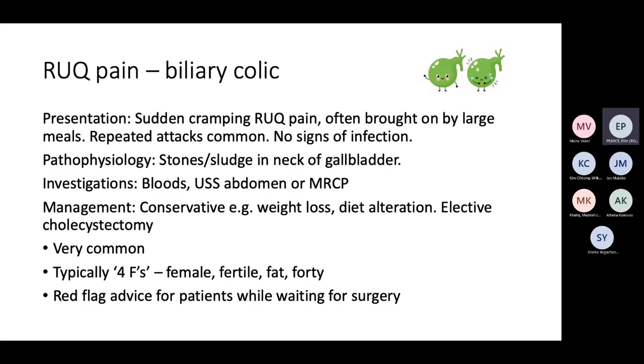And you might hear about the 4 Fs in medical school, a mnemonic that people use for risk factors for biliary colic: age, being overweight, being female, or being of reproductive age.